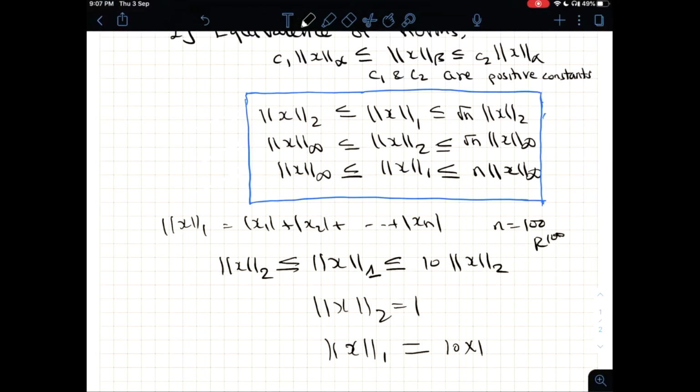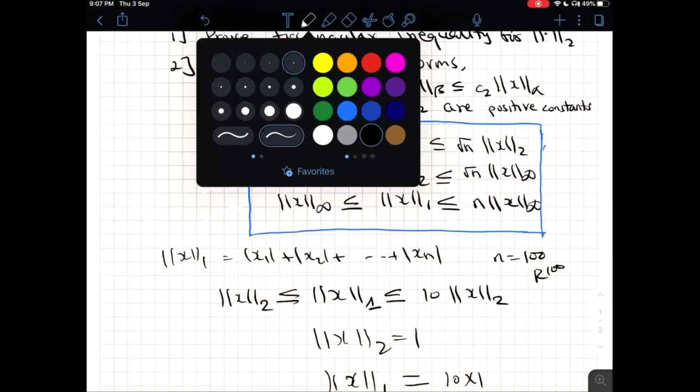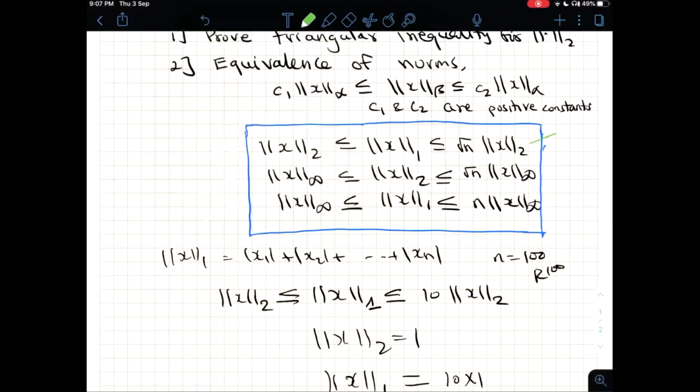Now the word equivalence, you may be wondering why we are referring to this as equivalence of norms. The word equivalence comes from the fact that if a vector grows in the second norm, then the lower bound also grows and the upper bound also grows.